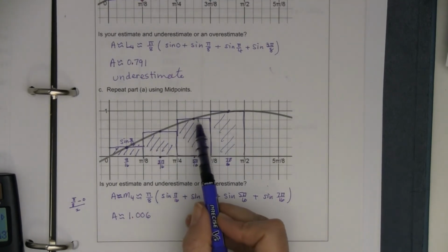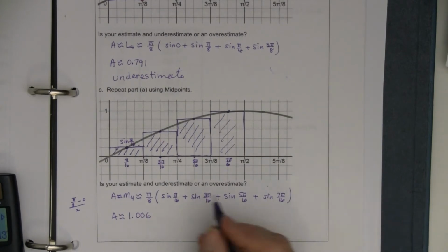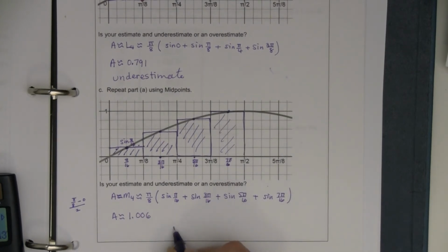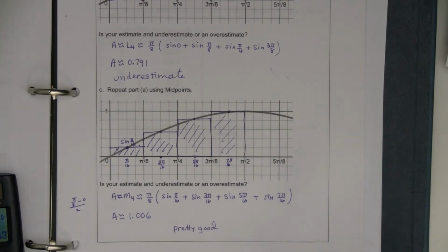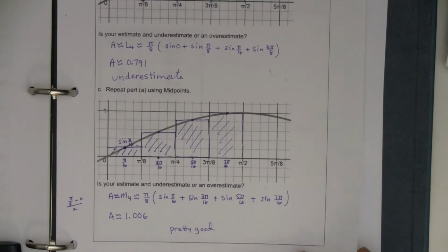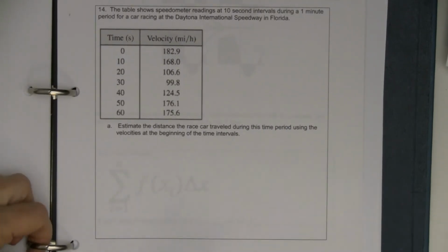And of course my drawing of them isn't perfect, so I'm not sure. It's pretty good is what I'm going to say. So it's a pretty good estimate. The midpoint isn't always the best estimate. That's not the point here. For this particular drawing, it was good. But anyway.